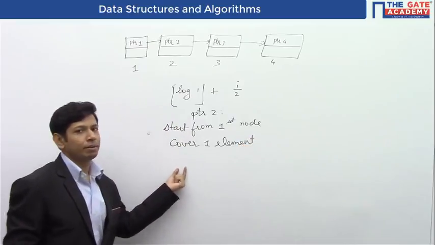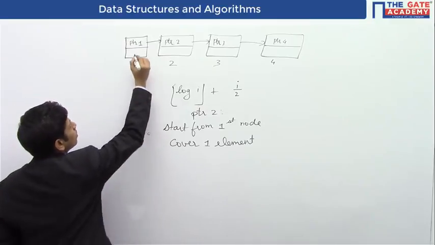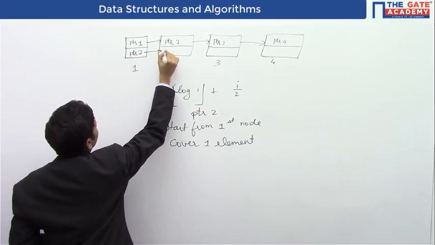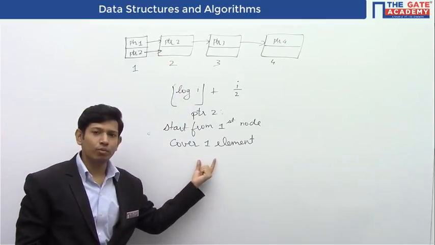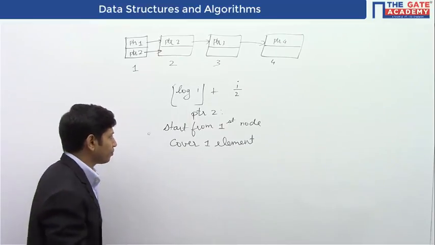Covering one element means pointer 2 of this node will point to node 2. Once we have covered one element, now we will jump by 2.